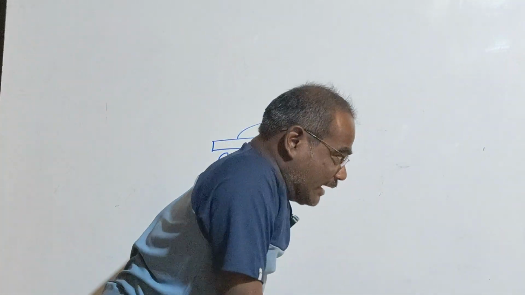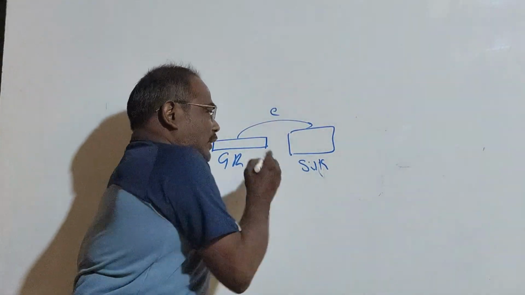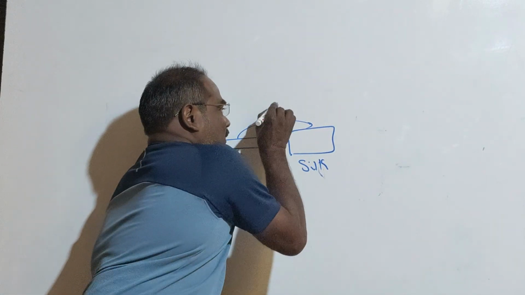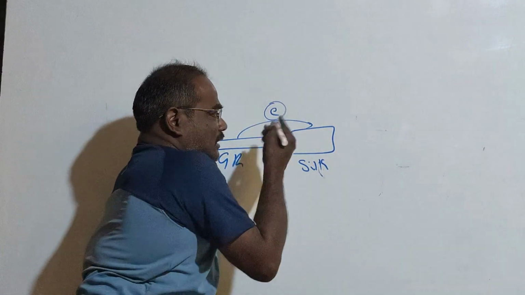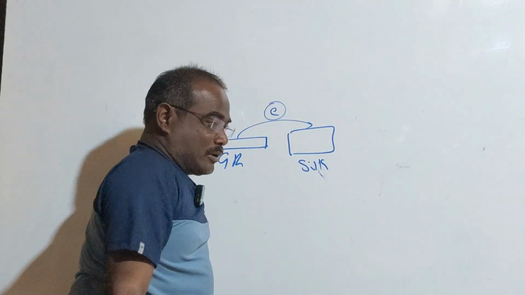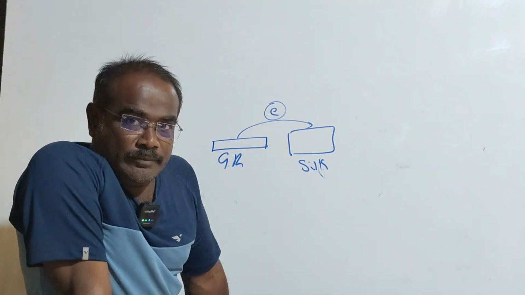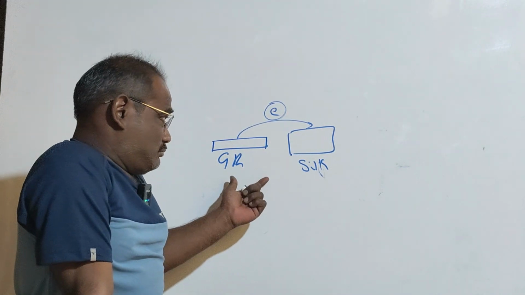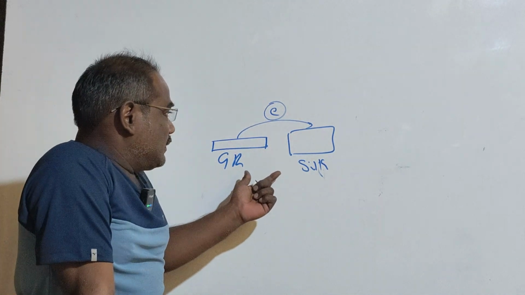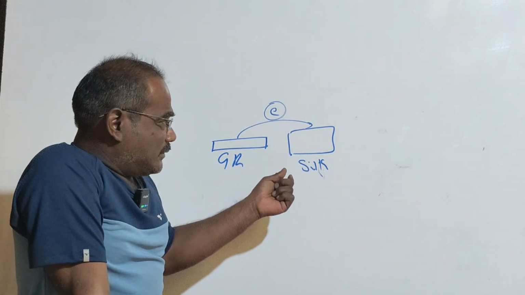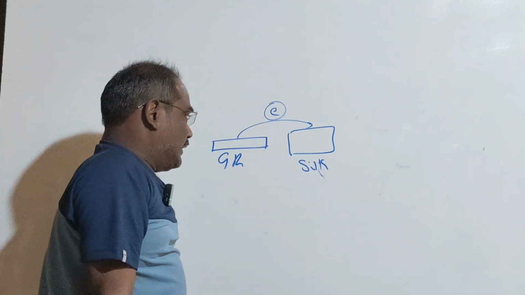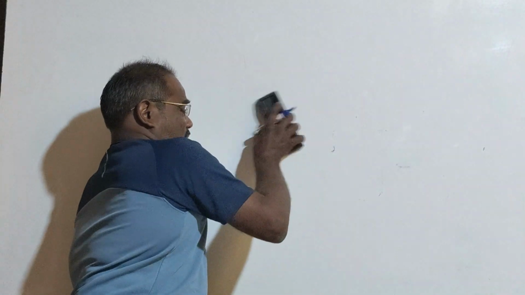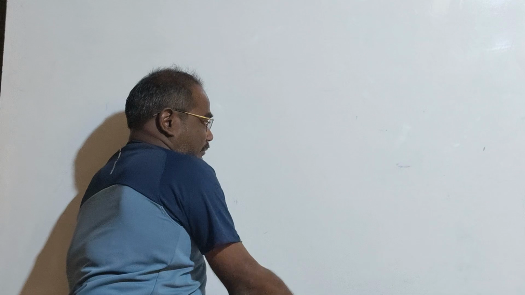They attain neutrality means they no longer attract each other. They no longer attract each other after the transfer of electrons. One received electrons, one donated electrons. Hence, if we keep them in contact, they are no longer in attraction, right? This is called electric neutrality.